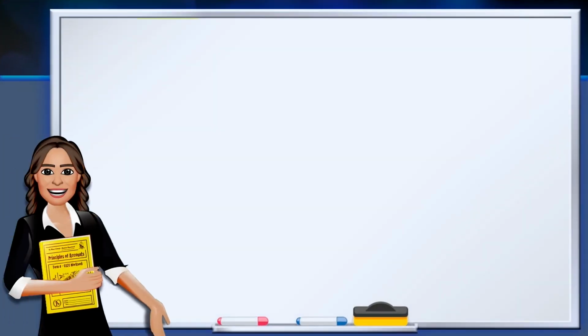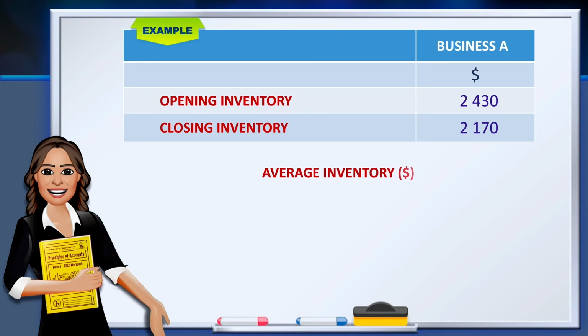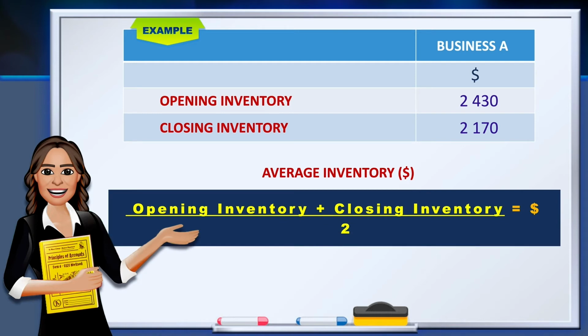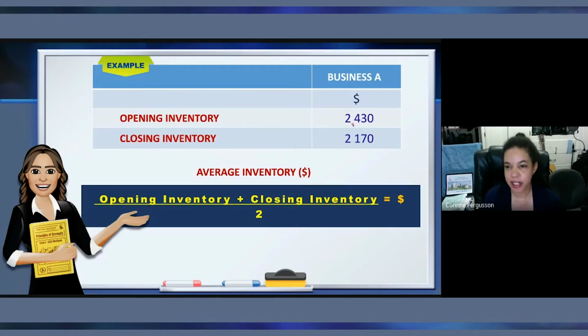So just to make it clearer, we would use an example. Here they gave you your opening inventory, 2,430, and your closing inventory, 2,170. To work out your average inventory, what is the formula? Your opening inventory plus your closing inventory divided by 2. Simple. Here are the figures.